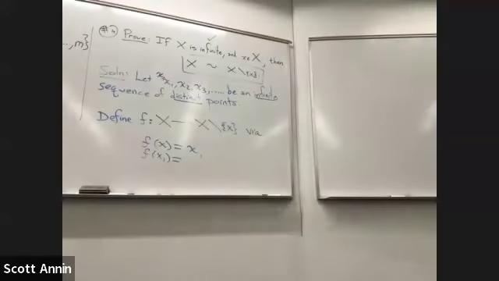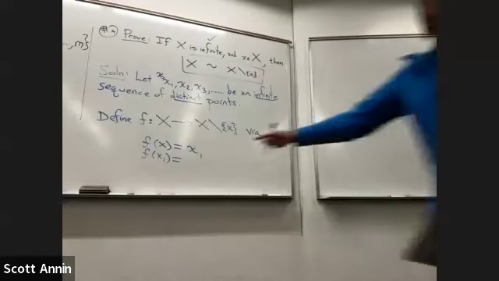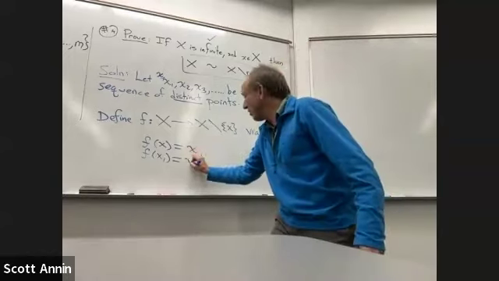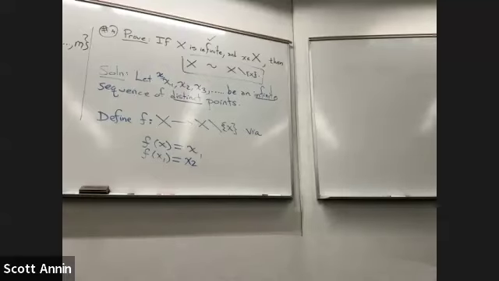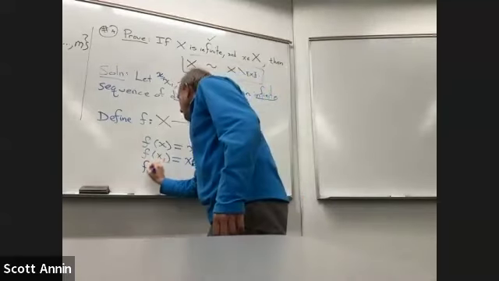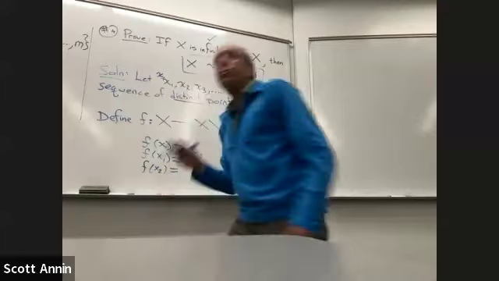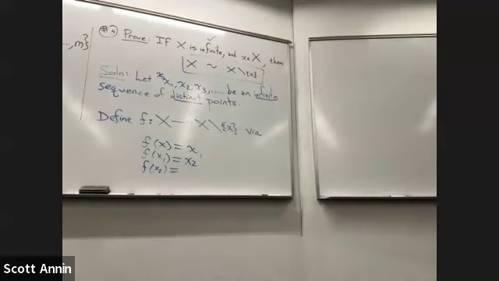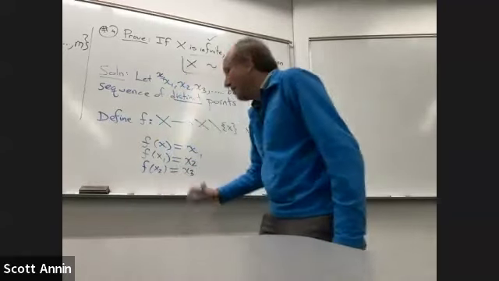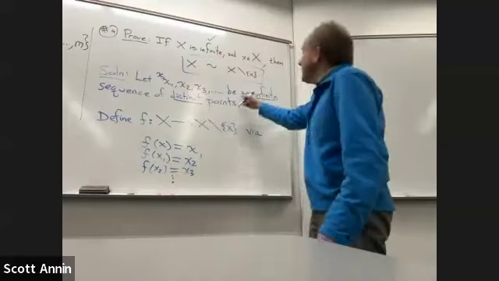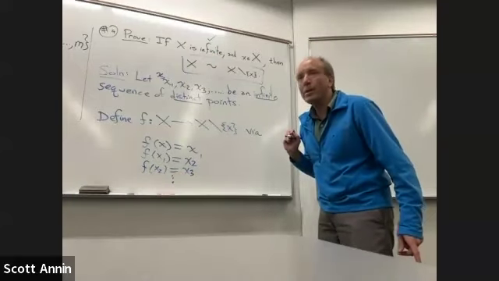I can't have two different inputs going to the same output, right? So I'm going to have to shift this f of x1 to some other element. That's where I'm going to use the x2, right? And then I would love nothing more than for f of x2 to just be x2, but it can't be because again, I would have two different inputs going to the same output, so I have to use x3. And this is why I need this infinite sequence of points, okay?